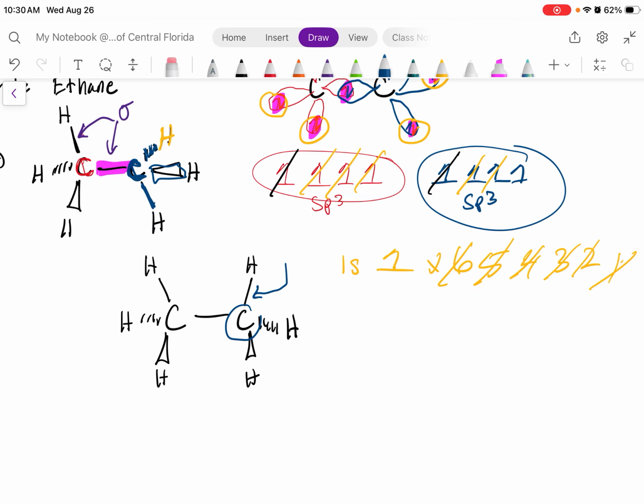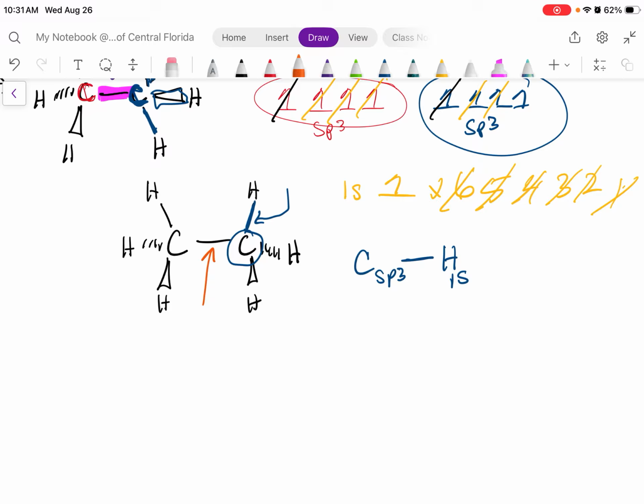I know that this carbon here is sp3 hybridized, and it's forming a sigma bond with a hydrogen atom, and that comes with a 1s orbital, like that. Now if I asked you, well, what about this sigma bond right there?